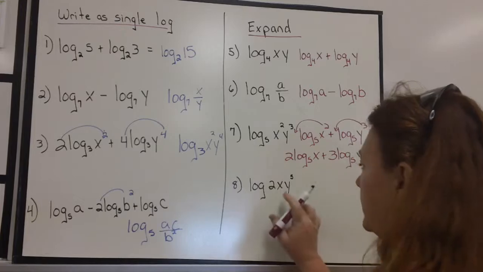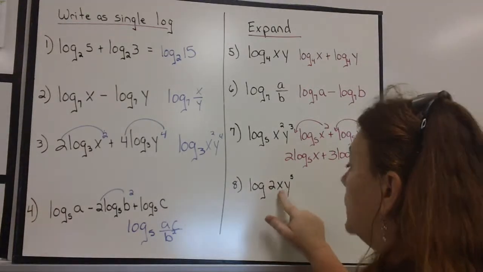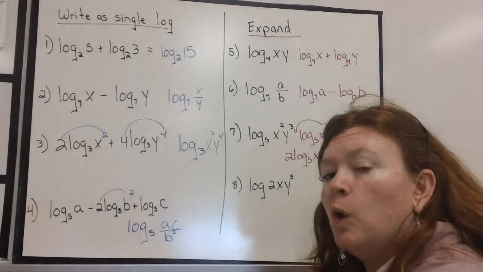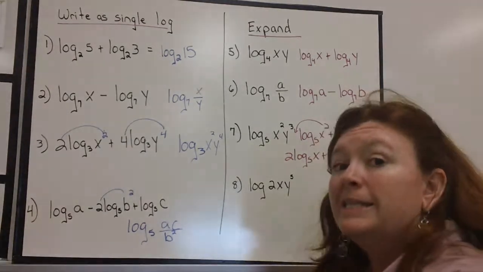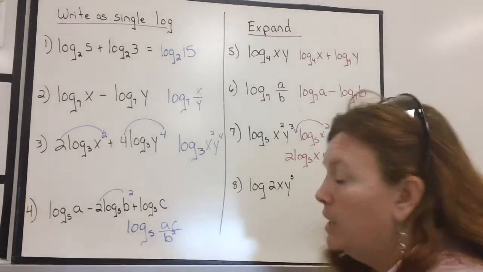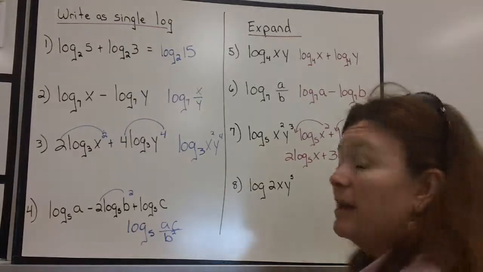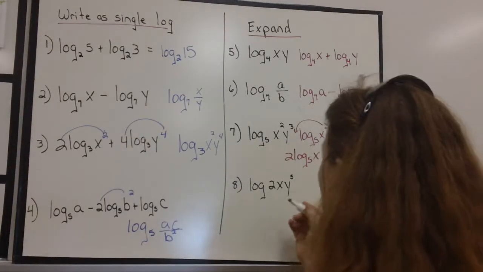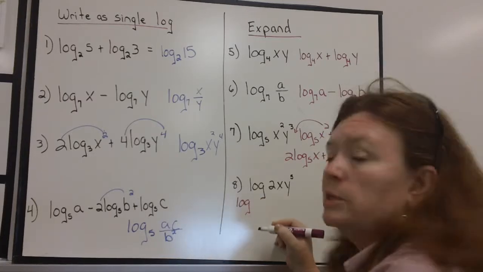All right, this is the one that messes up the most people. You have an x and you have a y, but you also have a times 2. That 2 is a third value. That 2 is a third logarithm. So I'm going to have 3 logarithms. My first one is log base, where's my base?